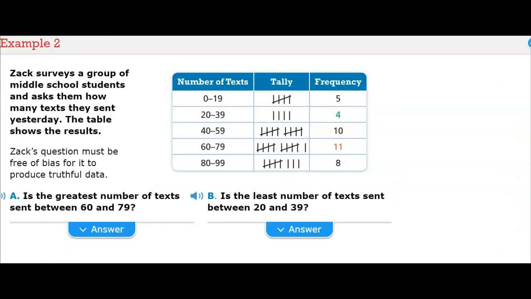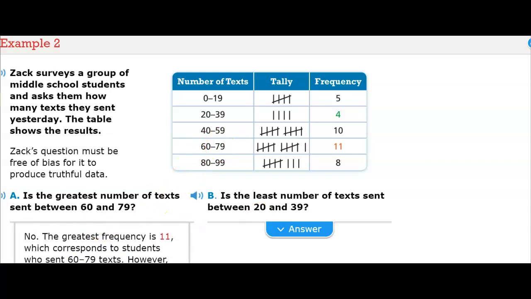Zach surveys a group of middle school students and asks them how many texts they sent yesterday. The table shows the results. Zach's question must be free of bias for it to produce truthful data. So A, is the greatest number of texts sent between 60 and 79?